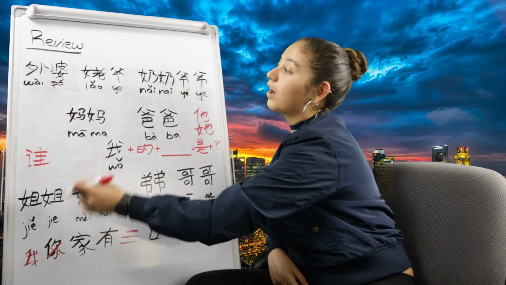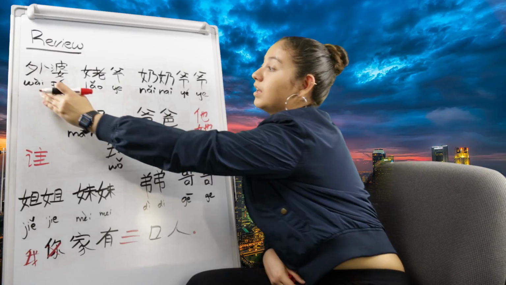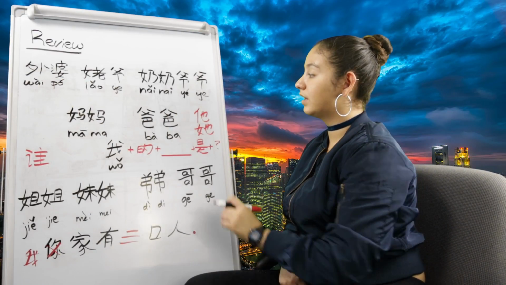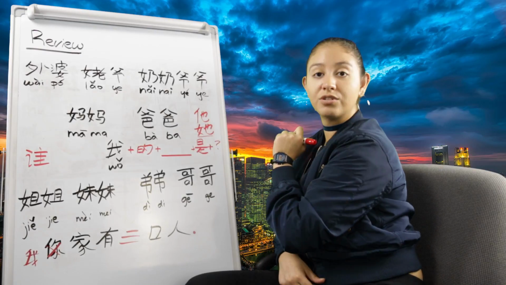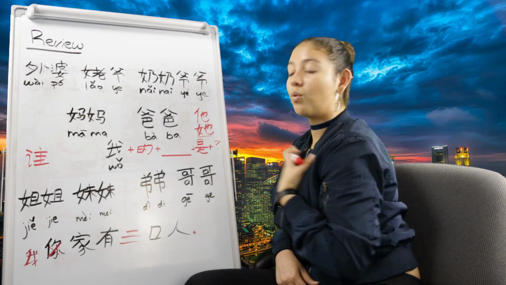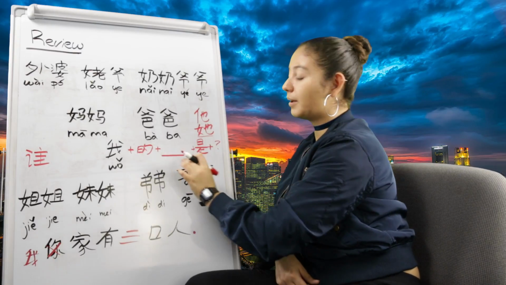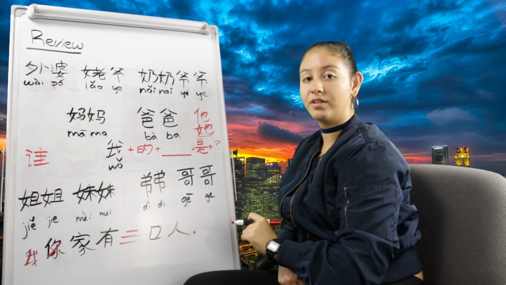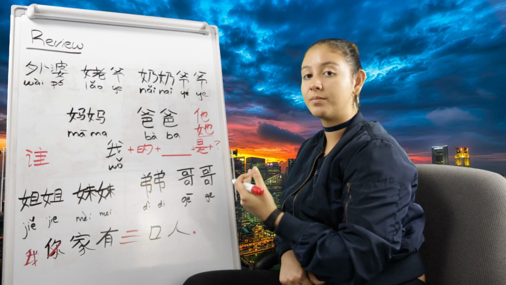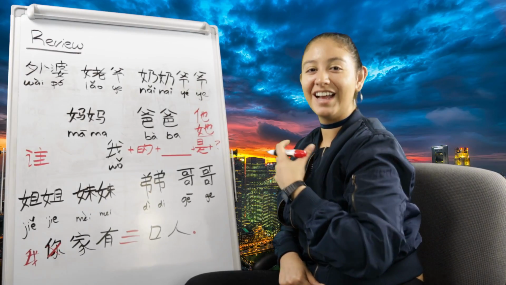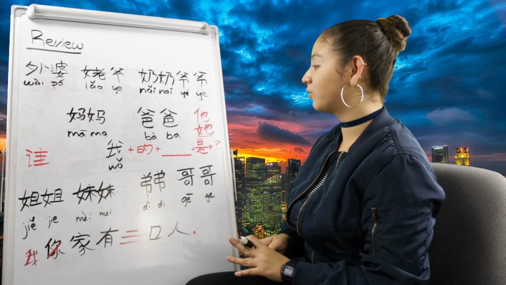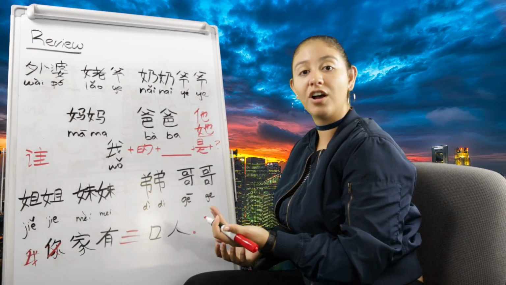So I'll be, for example, 那是谁? You would answer with 她, since it is your grandma, she is a female. 她是我的外婆, meaning she is my grandma. 她是我的外婆.